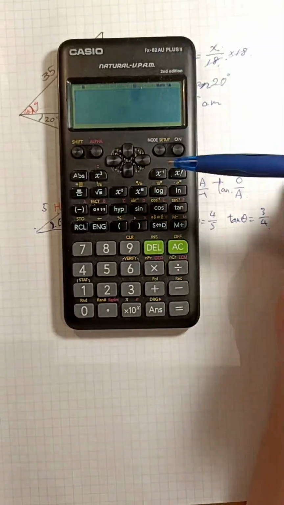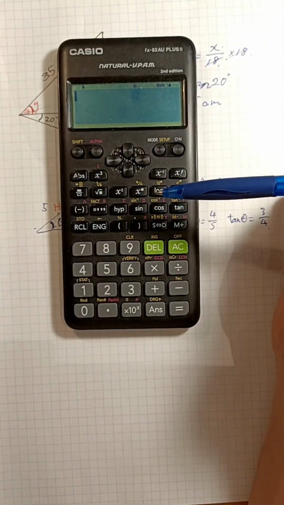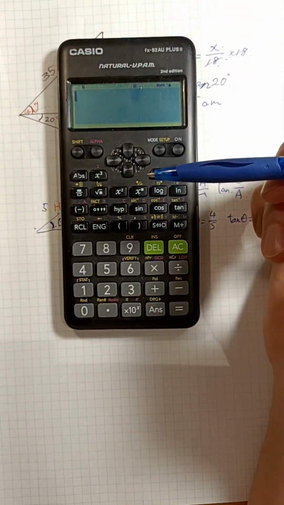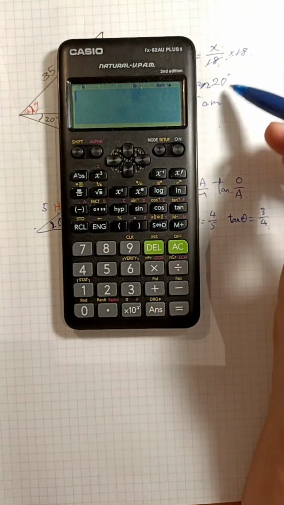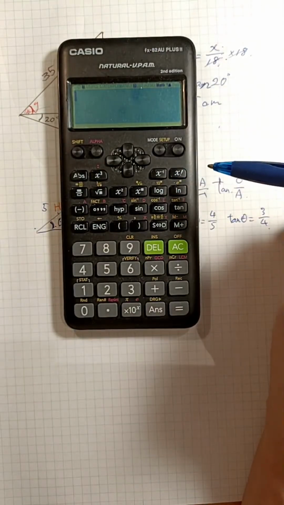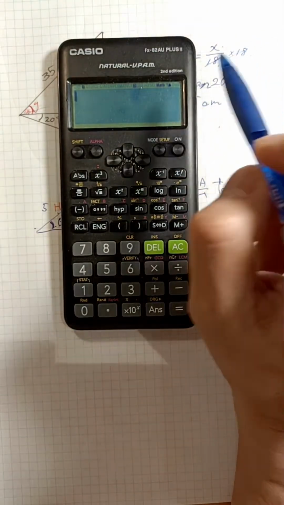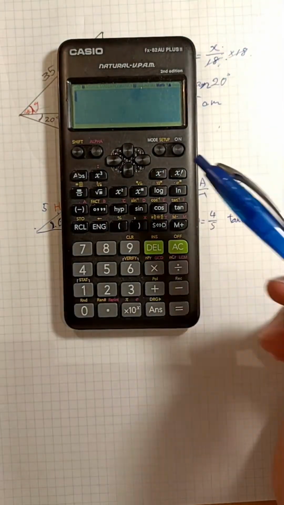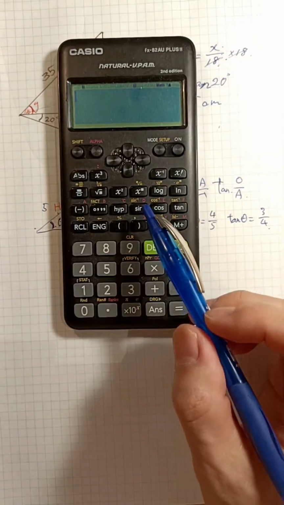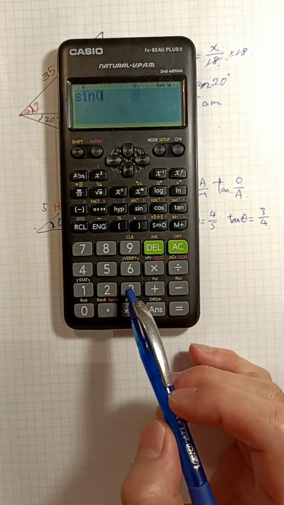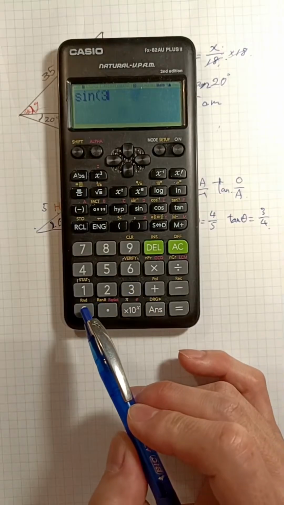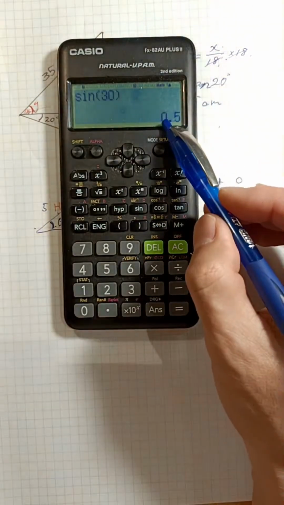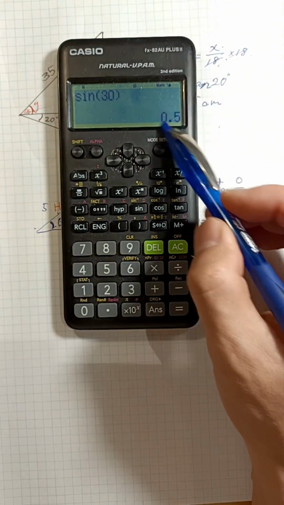If you become a level 3, year 13 student, we've got two types of angle units. One is degrees, which is a popular one, and one is radian, which is a minor one for ordinary people. But the calculator's got two settings here. If you press sine and then 30 and then press equal, if you get 0.5, that's the right setting.